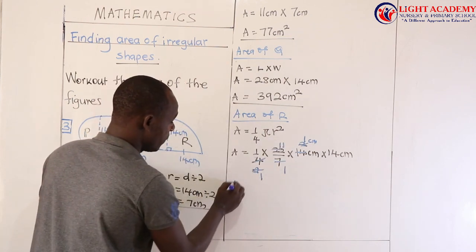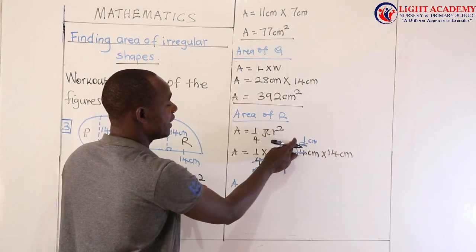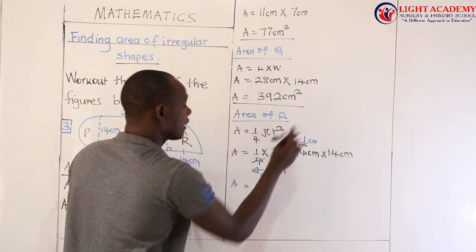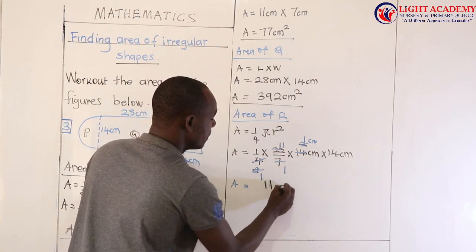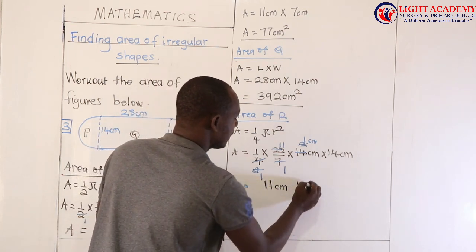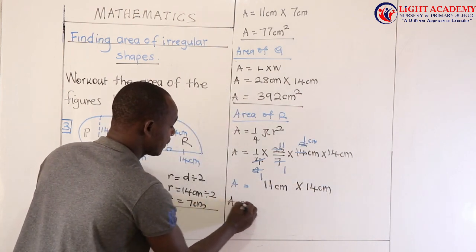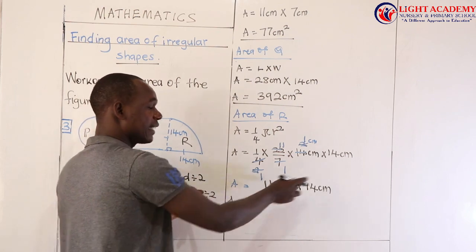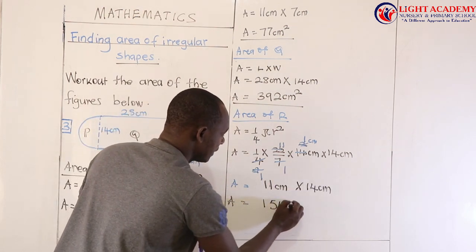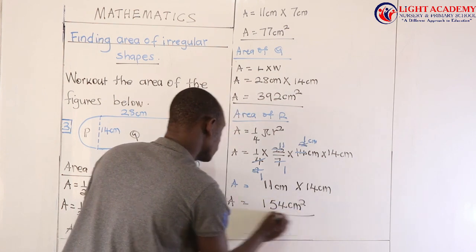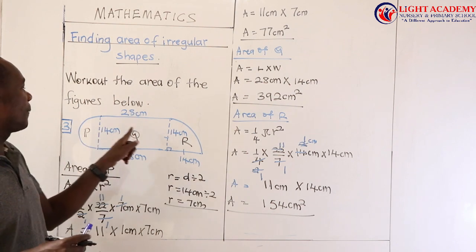So our area now will be equal to 1 times 11 is 11, 11 times 1 centimeters to get 11 centimeters times 14 centimeters. So you'll get 154 centimeters squared.